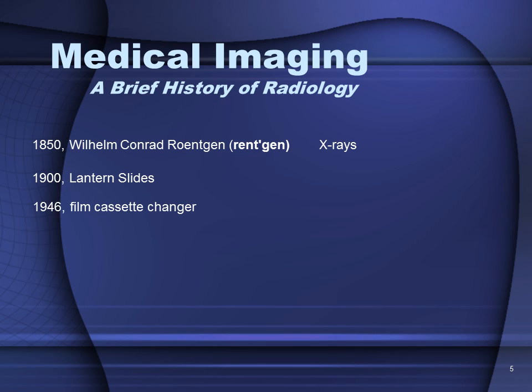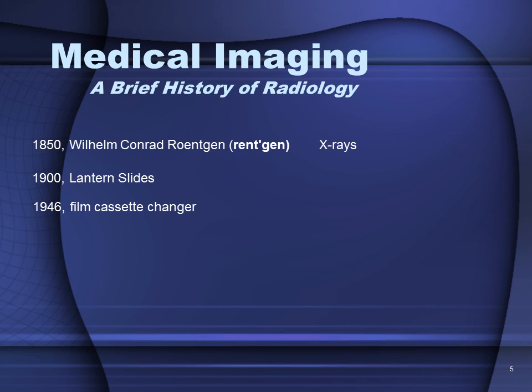In 1946, the film cassette changer was introduced. Basically, this cassette is a case that holds a piece of radiographic film, X-ray film. It is coated on its inner surface with a substance such that when X-ray photons hit this surface, they are rapidly and uniformly spread across the X-ray film, allowing for uniform exposure.